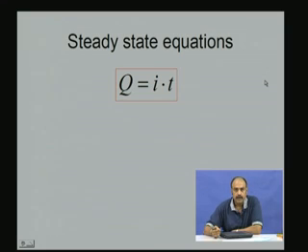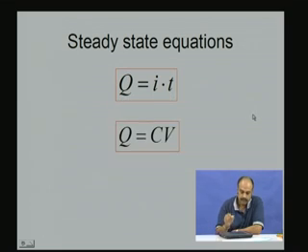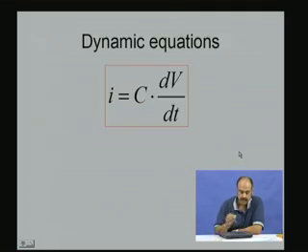So, here are the steady state equations for the capacitor. The charge Q is related to the current and time in this fashion. The current into time is equal to the charge. The charge is also equivalent to the capacitance of the capacitor into the voltage V. Q is equal to CV, Q is equal to IT. These are fundamental steady state relations.